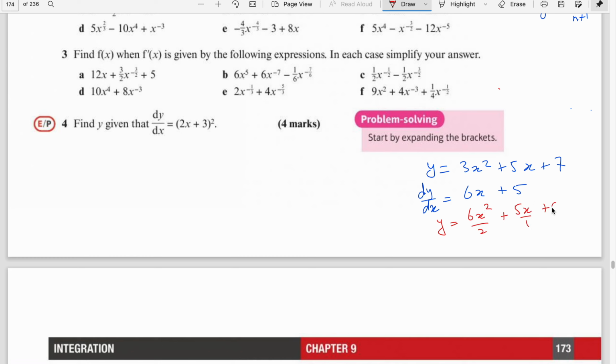For example, dy by dx is equal to (3x square plus 2) whole raised to the power 7. And when we integrate it, we deal with the power first. That is 3x square plus 2. We increase 1, divide by the power. And then what do we do? We differentiate what is inside the bracket, which is 3x square plus 2.